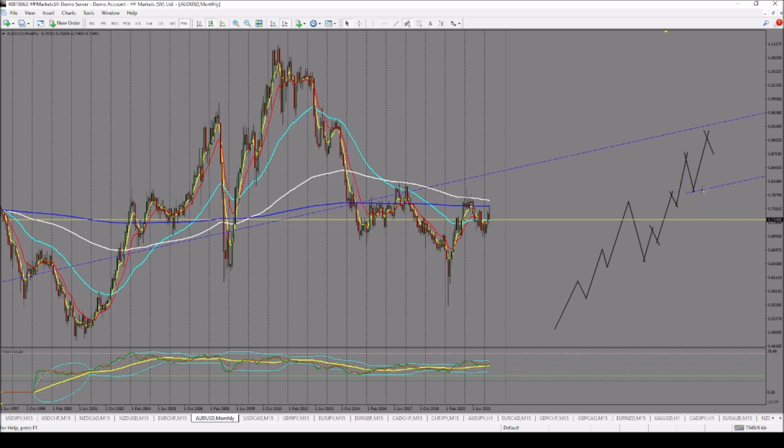So let me mark this as the first reset, then the second reset like this, right? So we had 1, 2, 3, 1, 2, 3, and we restart again to have another 3 impulses to the upside before we have an ultimate reversal pattern.